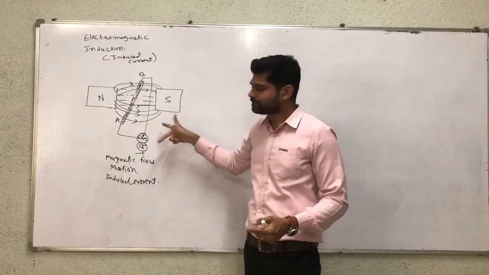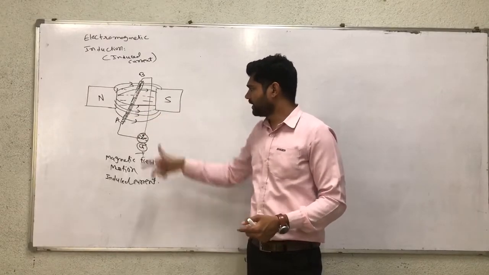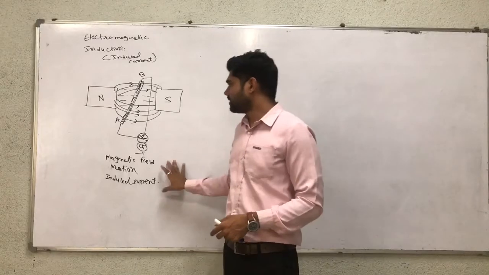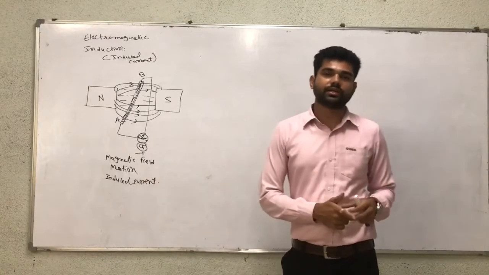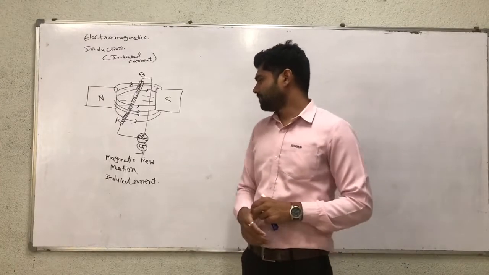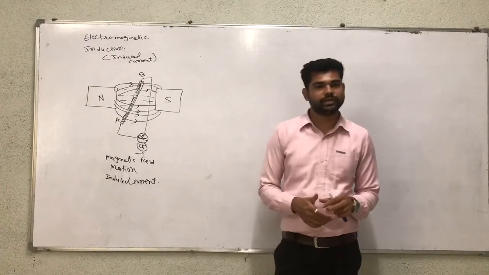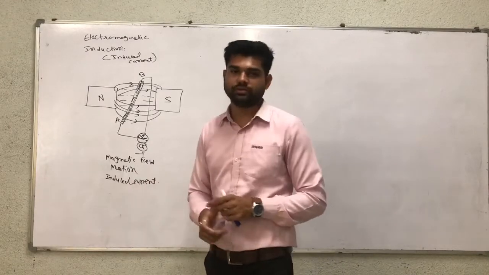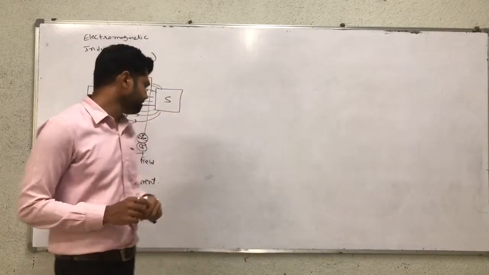The first finger indicates the magnetic field, here from north to south pole. To find the direction of induced electric current when the rod moves, we use Fleming's right hand rule. The first finger indicates the magnetic field, and the thumb indicates the motion of the electric conducting wire.